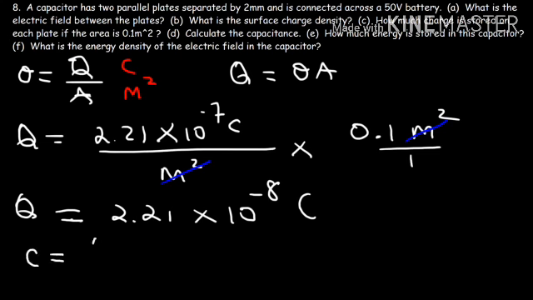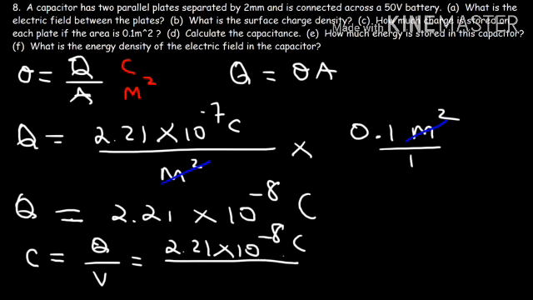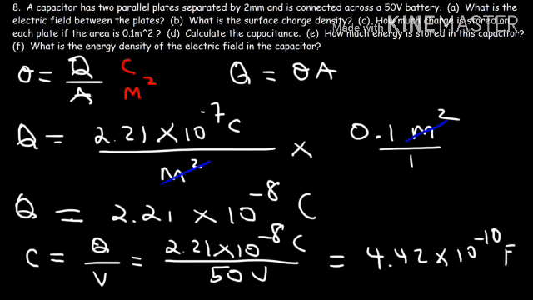C is equal to Q divided by V. The charge is 2.21 times 10 to the minus 8. The voltage is 50 volts. And so this is going to be 4.42 times 10 to the negative 10 farads.